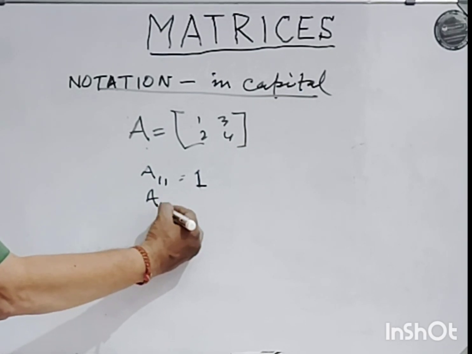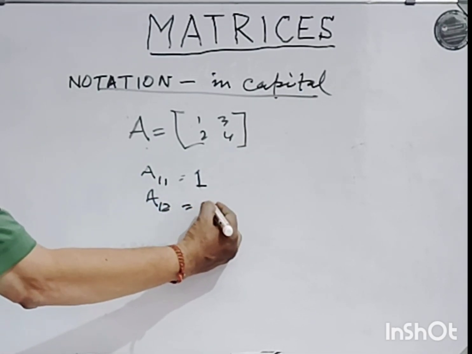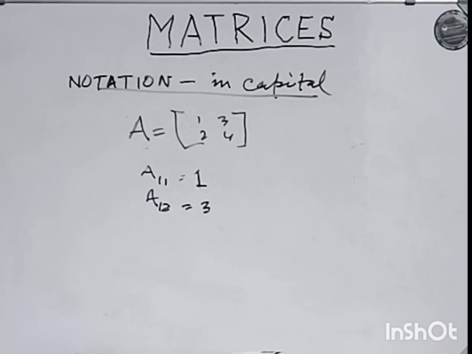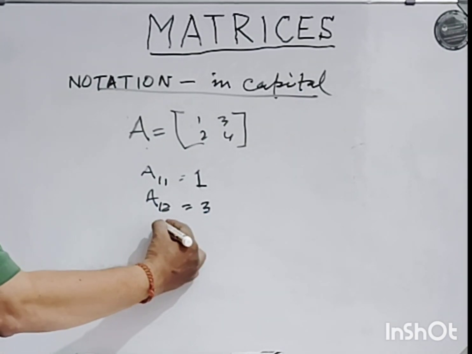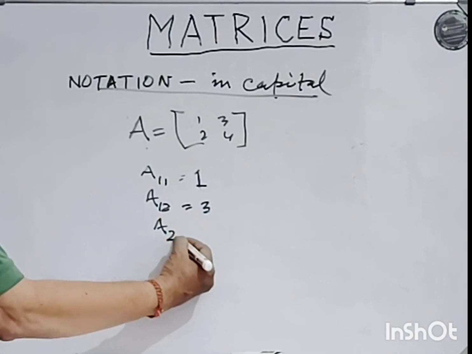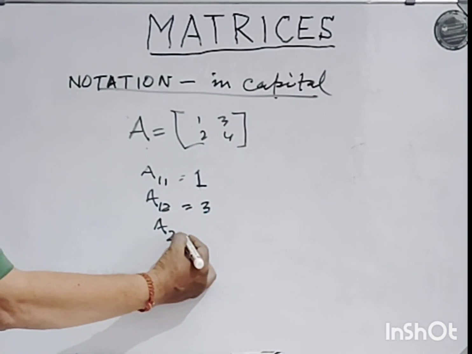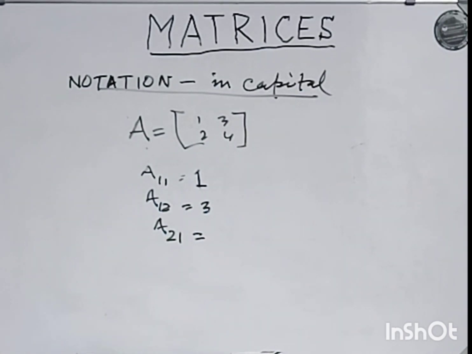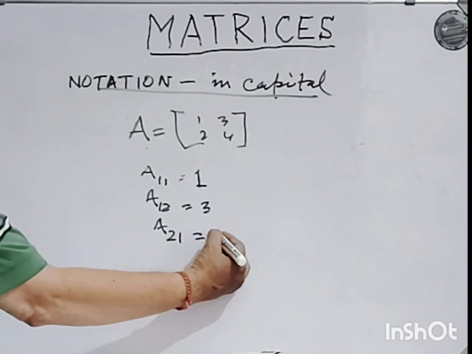First row, second column, it is 3. Second row, first column, it is 2.